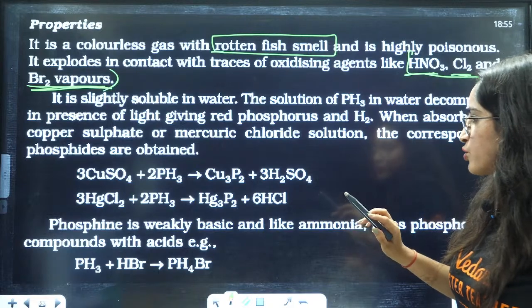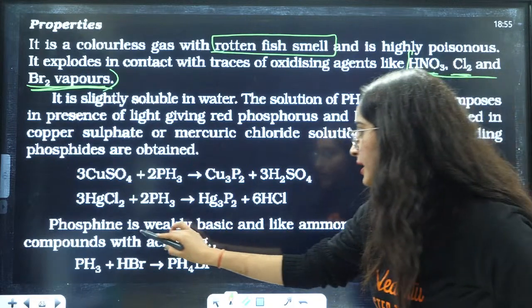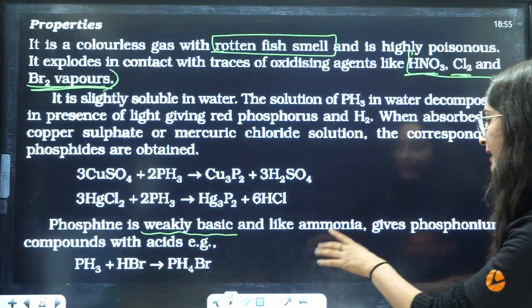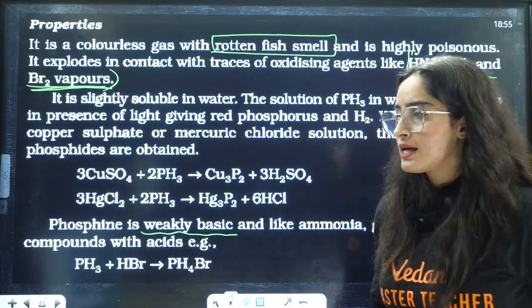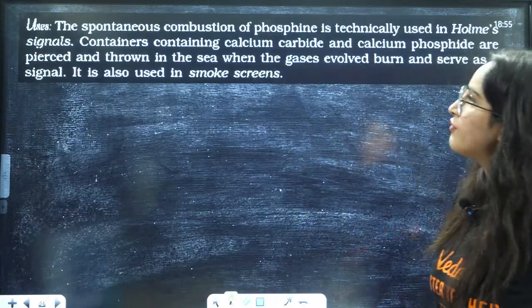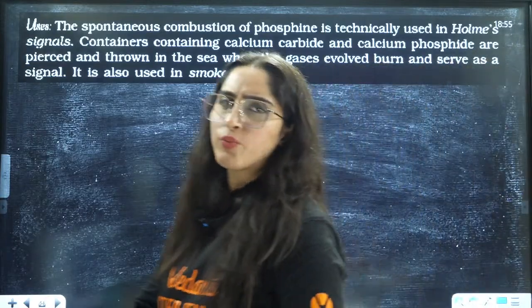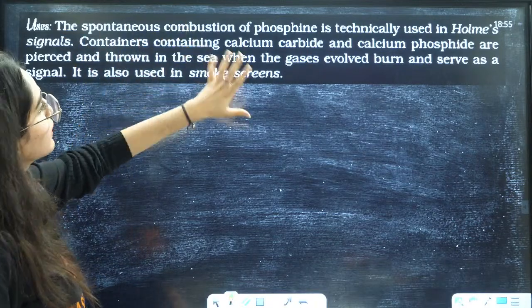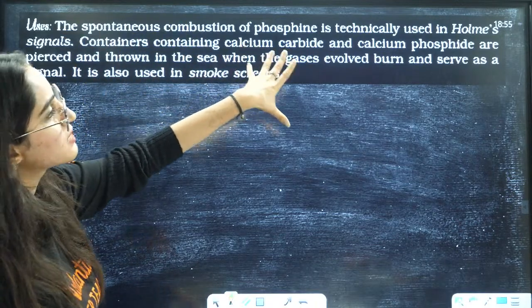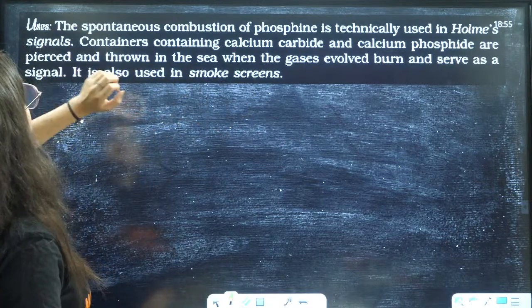Then you need to know that phosphine is weakly basic and, like ammonia, gives phosphonium compounds with acids. Just remember a few points about phosphine gas. The spontaneous combustion of phosphine is technically used in Holmes signals.